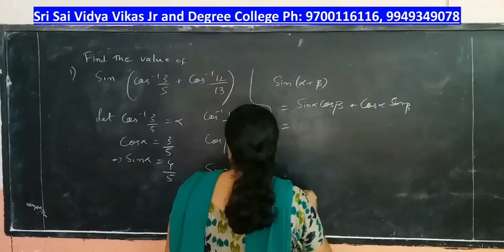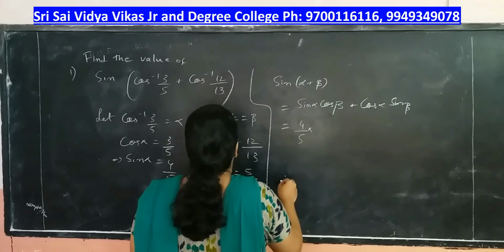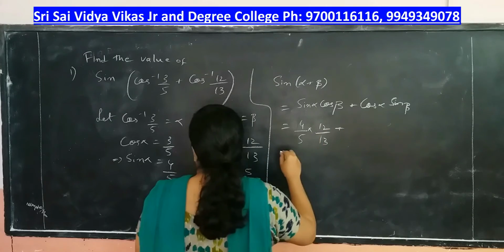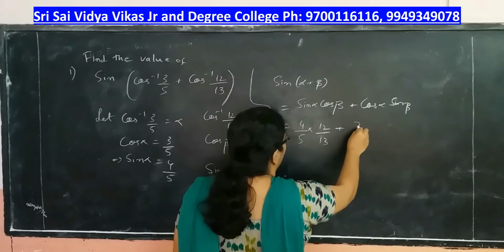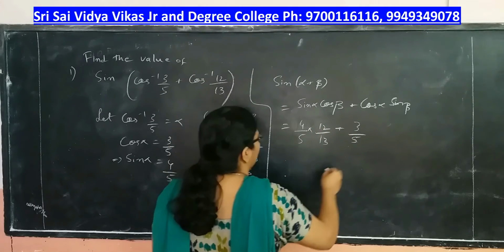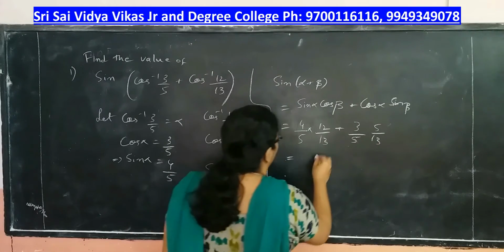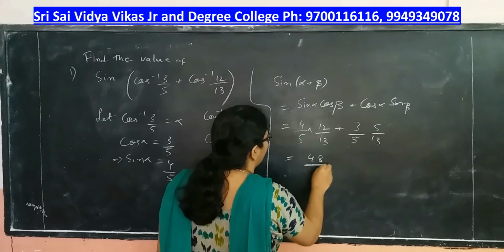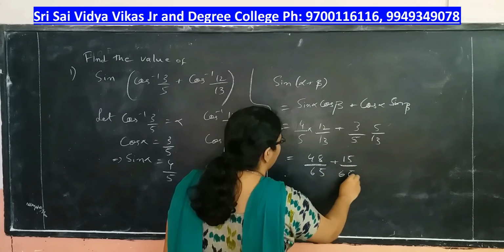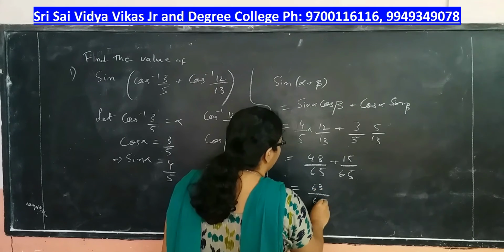Sin alpha is 4 by 5, cos beta 12 by 13, plus cos alpha 3 by 5, sin beta 5 by 13. This is equal to 12 4s are 48 by 65 plus 15 by 65.